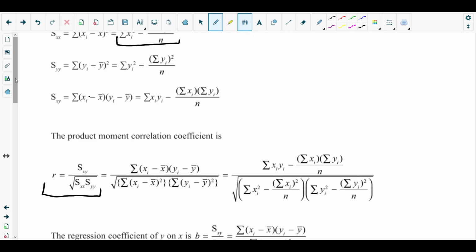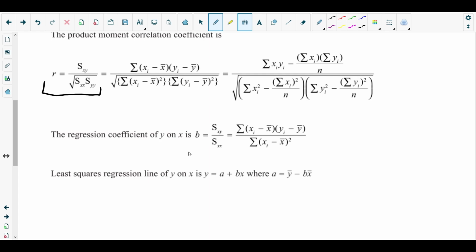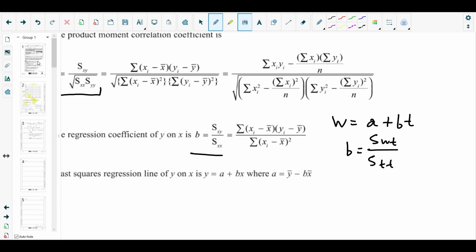B is S of xy over S of xx. We have the equation in this form, A plus BT, so B would be S of WT over S of TT, right? So the value for B is S of WT over S of TT.